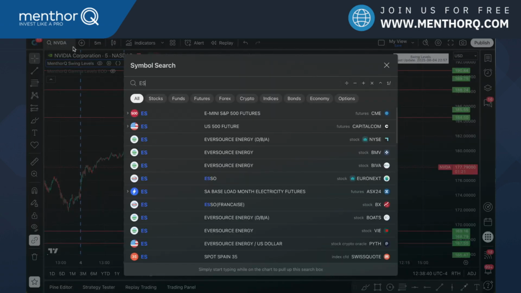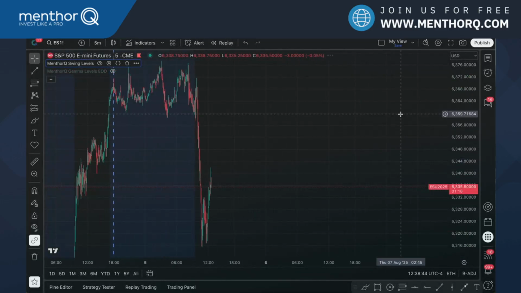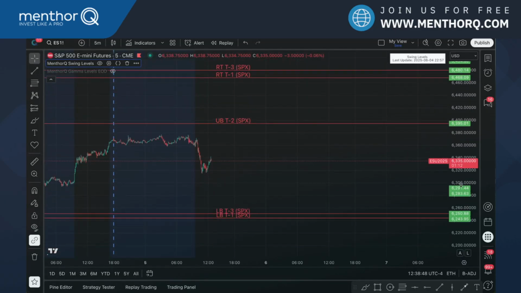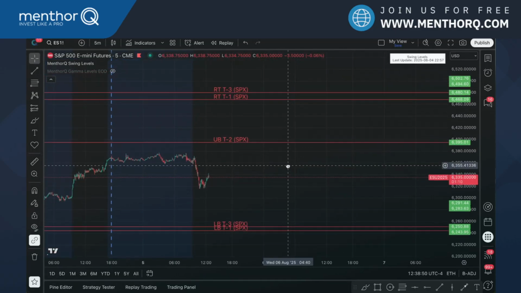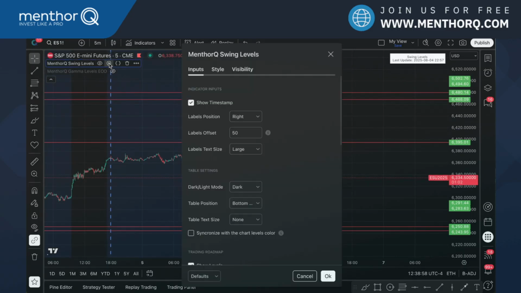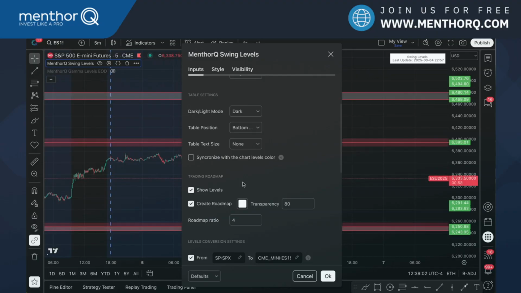So I'm going to go here now. I'm going to go on ES. And now what I see here again, based on the settings, is my SPX swing trading levels. We have our lower band, we have our upper band, our risk trigger. And again, I can also build my roadmap like I did before, just sticking on the box there.